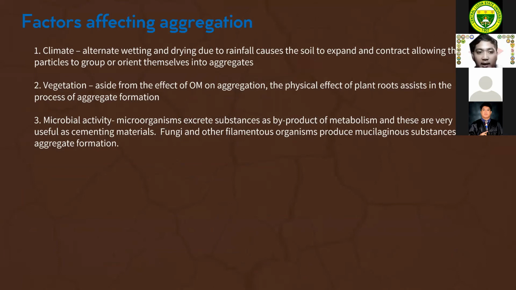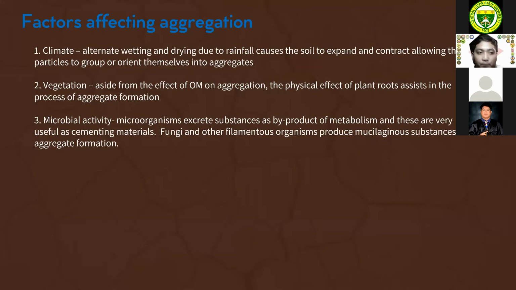Pag nag-absorb ng water, yung soil natin, it swells. Then after, like for example, uminit, so made-dehydrate yung soil natin, it will shrink. So that shrink and swell process will leave a space, yung pore spaces. So yung pore spaces na yun, yung naghahati sa ating mga aggregates. So that's how it affects the formation of aggregates, yung ating climate.